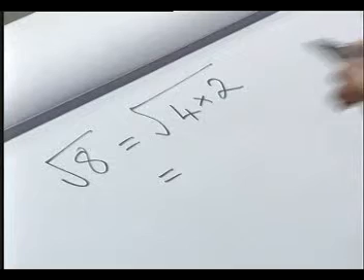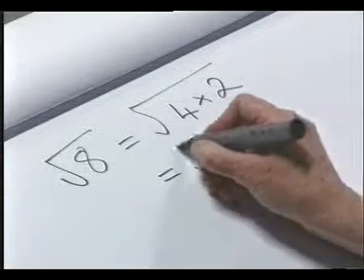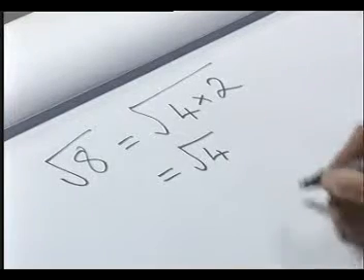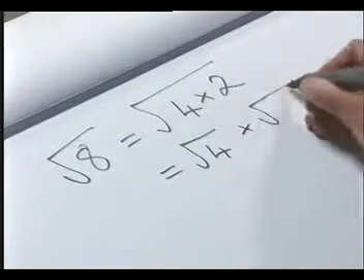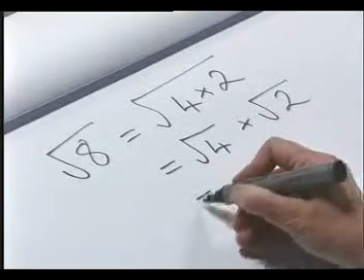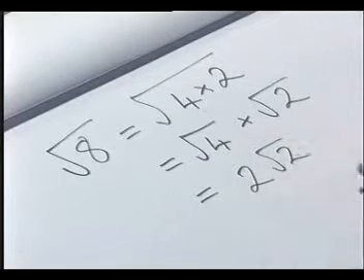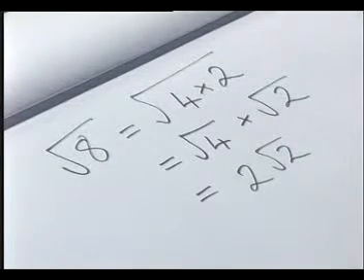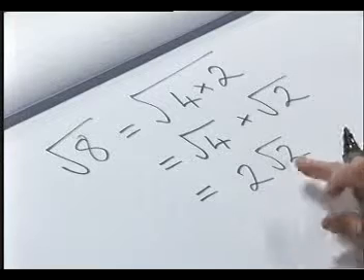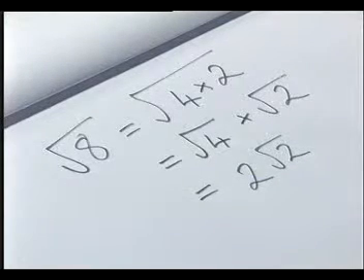Now, the square root of a product is the product of the square roots. So it's square root of 4 times by the square root of 2. We know the square root of 4 is 2, and this is root 2. So the square root of 8 can be written more simply as 2 square root of 2, or 2 root 2 in shorthand.